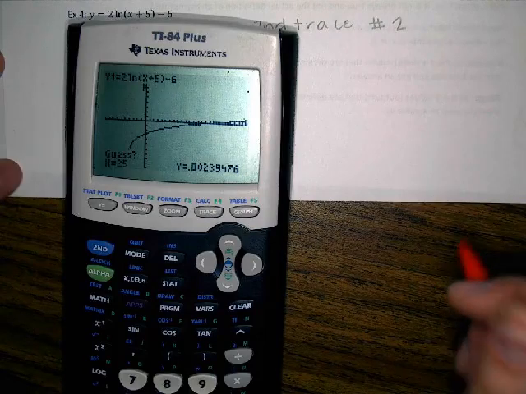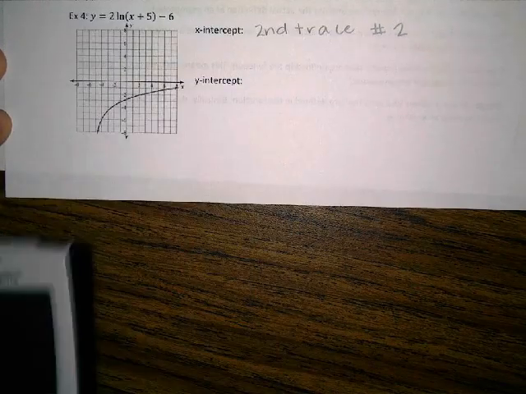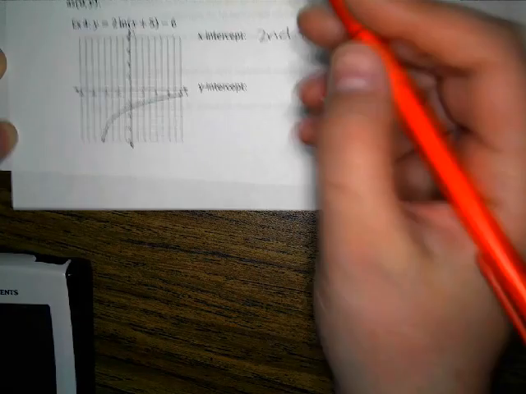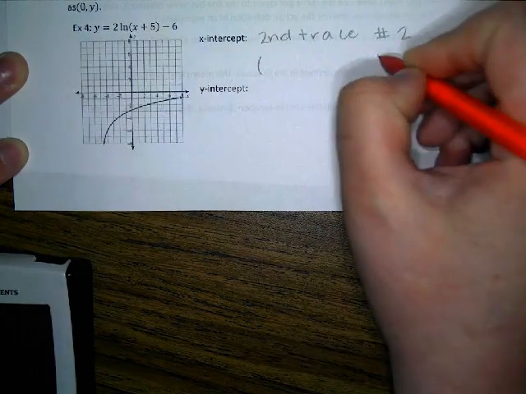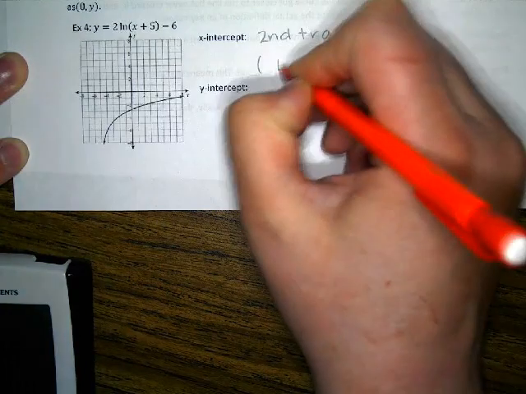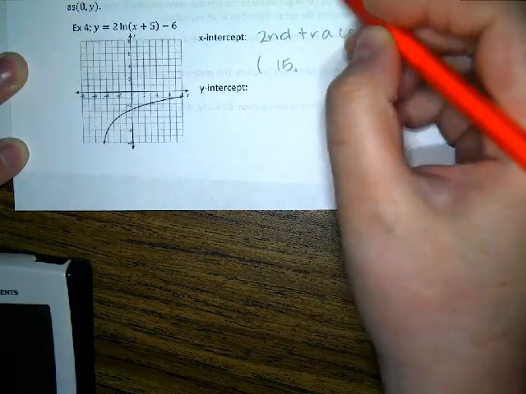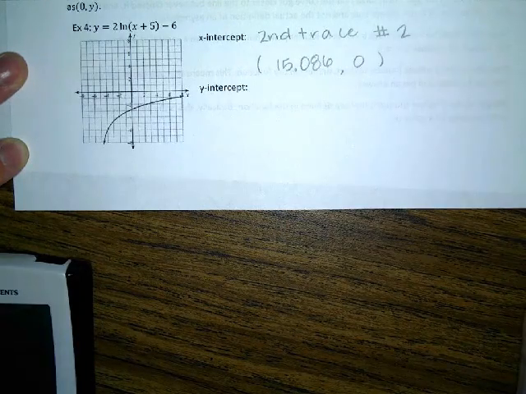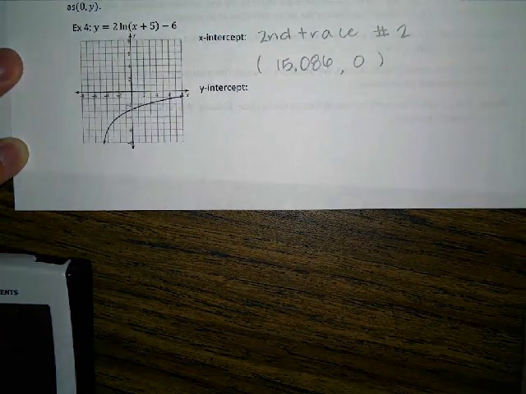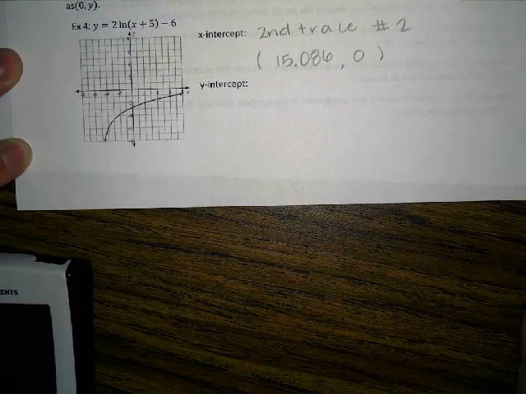I'm getting a decimal. What decimal are you getting? 0.86. Is that what you got? Yes. So I did second trace, option number 2.